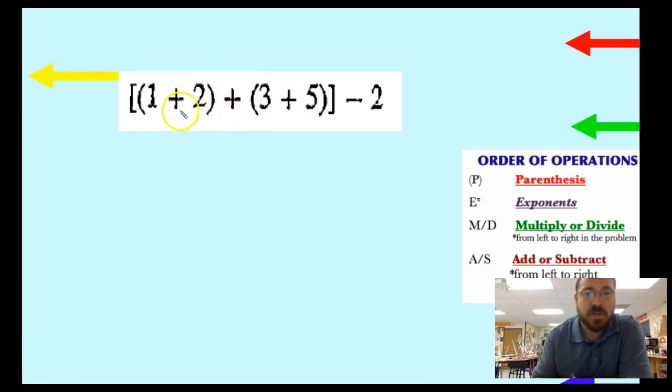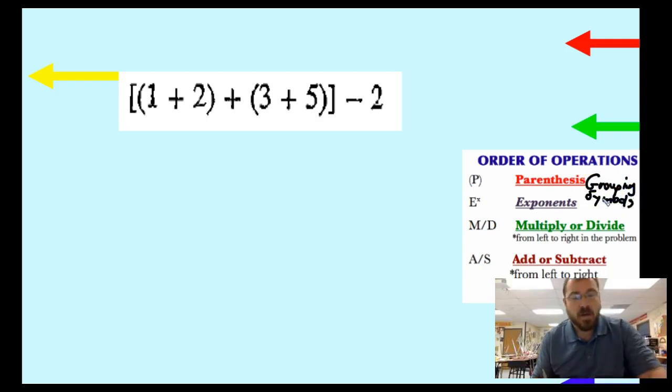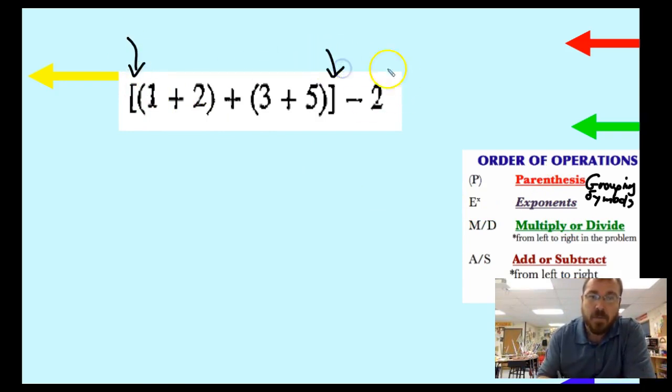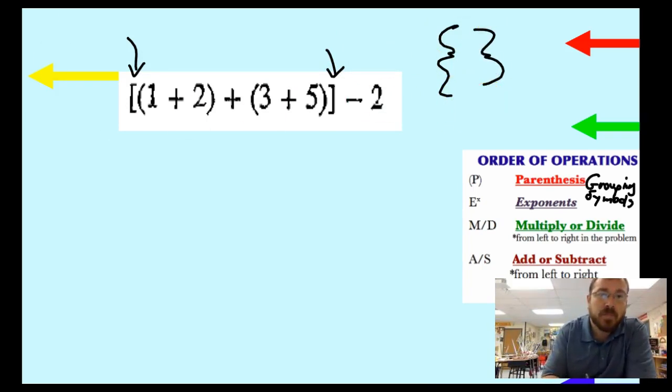This gives us an opportunity to talk about parentheses and grouping symbols. There are several types of grouping symbols, including what you see here as brackets, but you also might see something called braces that might look a little bit like that as well. Let's start in our grouping symbols.